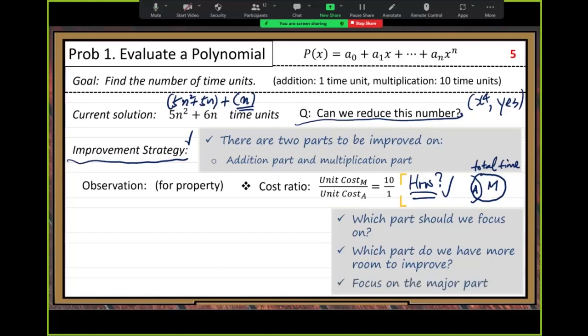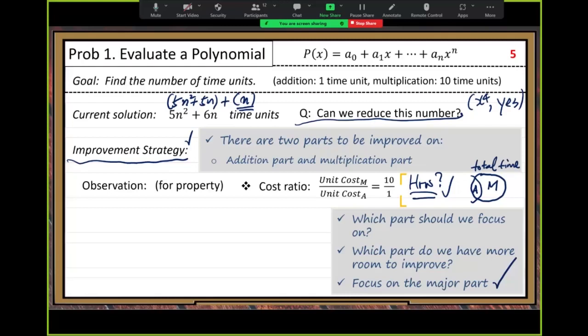So the final conclusion for the strategy, we call it focus on the major part. The major dominant part is the multiplication.